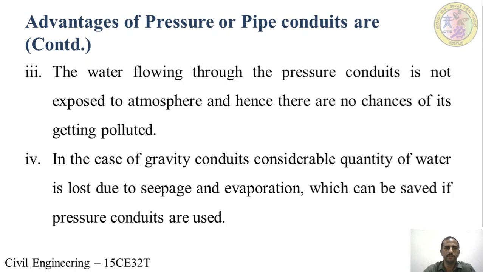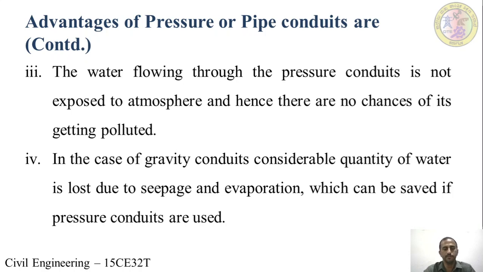One of the biggest advantages of pressure conduits is that the water flowing through them is not exposed to the atmosphere, so there is no chance of it getting polluted. Whereas in gravity conduits, the surface is a free surface open to the atmosphere, so pollutants can easily enter it.